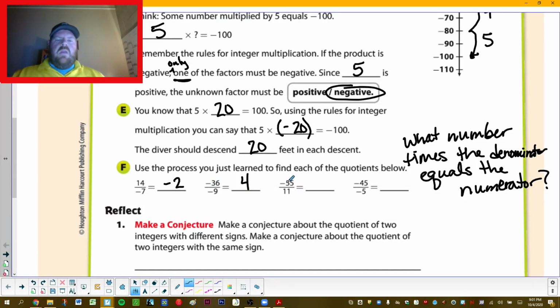Next, -55 divided by 11. So 11 times what number will give me -55? Since I have a -55 there, my answer should be negative. 11 times 5 would be 55, so 11 times -5 is going to give me -55.